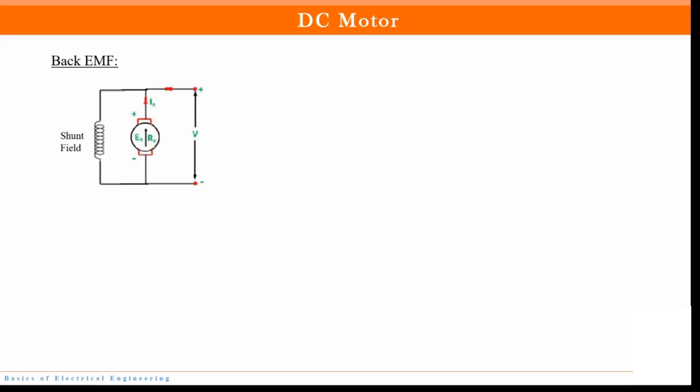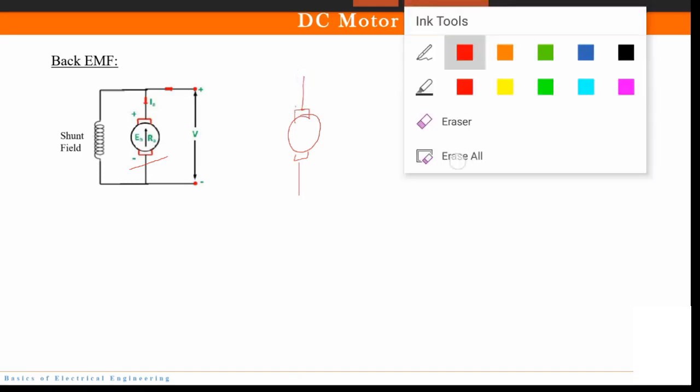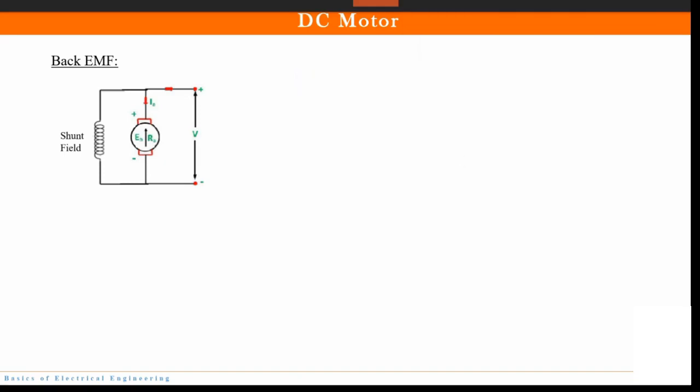Okay. So how do we represent this back EMF? So here you can see that this symbol is actually for armature. Okay. So this is armature. Fine. So here you can see that back EMF is represented by EB and armature resistance is assumed to be RA, and you have shunt field also.